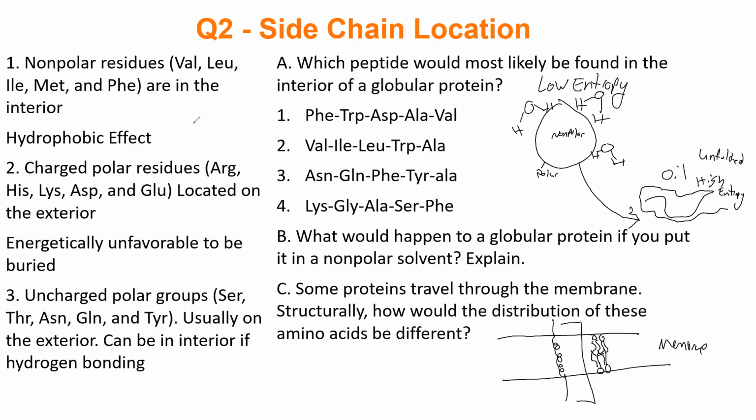Can I explain the question again? Sure can. So some proteins go through the lipid membrane. I want to know, when you're going through the lipid membrane, where your hydrophobic and hydrophilic amino acids are likely to be found on your protein, and compare that to where they're found in a protein that is normally dissolved in water.